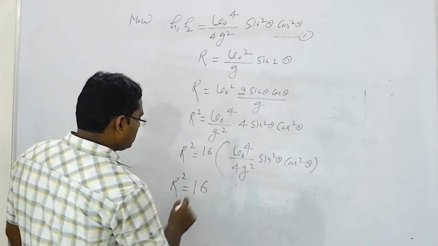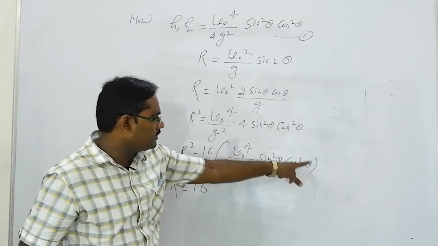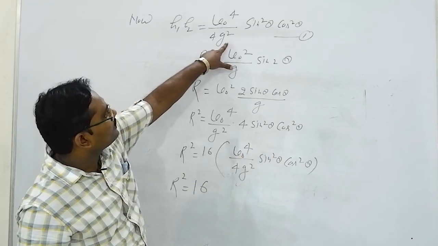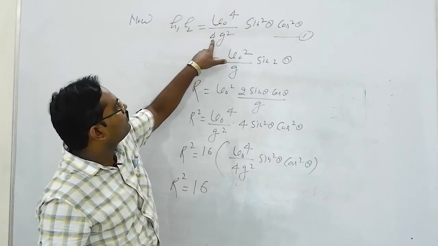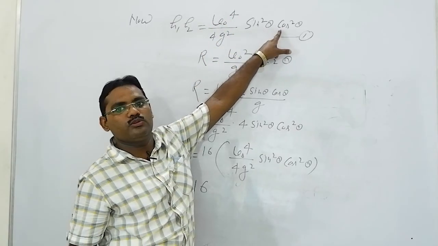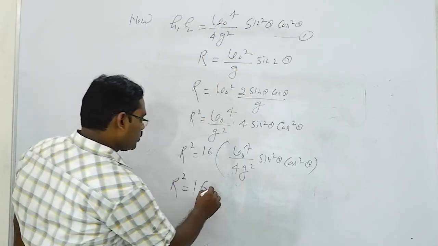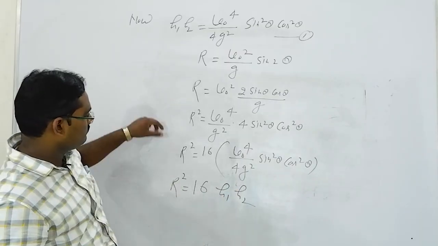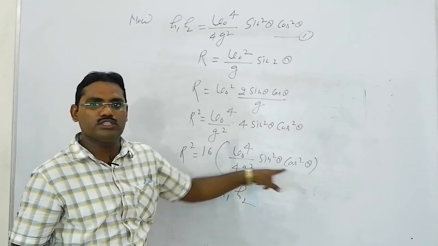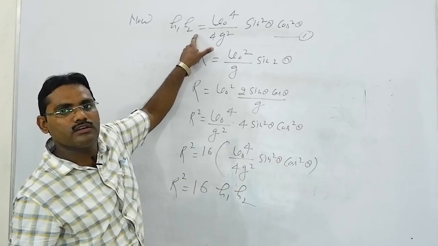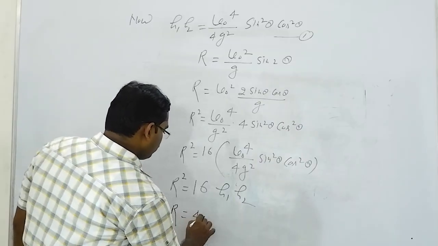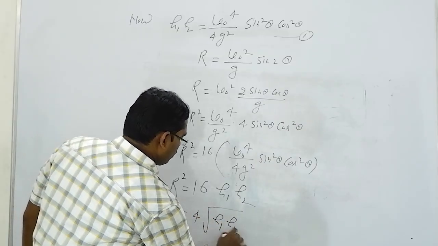This total value, v naught power 4 divided by 4g square sin square theta into cos square theta, from equation 1 is H1 H2. Then here R is equal to 4 square root of H1 H2.